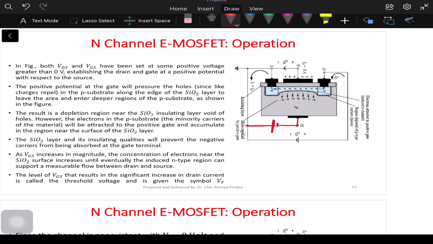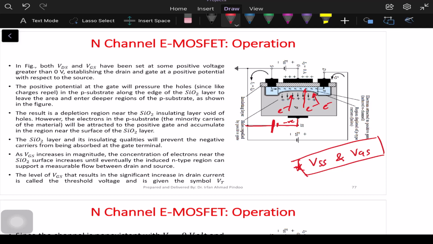Because this P substrate has electrons as the minority, and we are applying the negative voltage over here, it is going to repel these electrons further. This will help us in creating a channel very early. It means the effect of this substrate voltage as well as VGS will be applicable in that case, and we will have a quick formation of the channel.